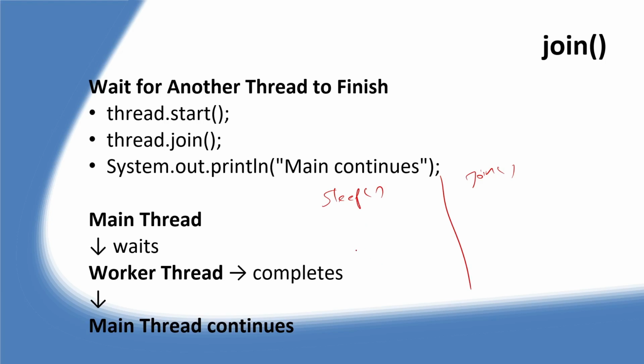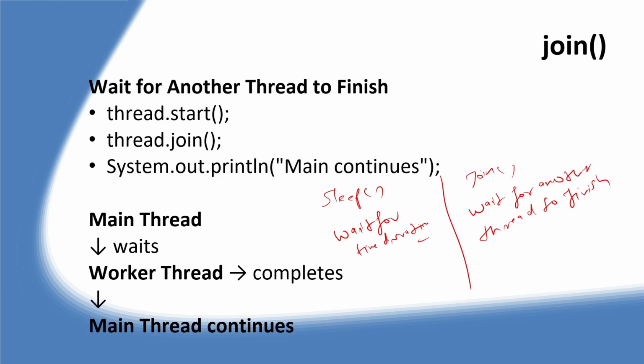Sleep means wait for a specified amount of time. And join means wait for another thread to finish.